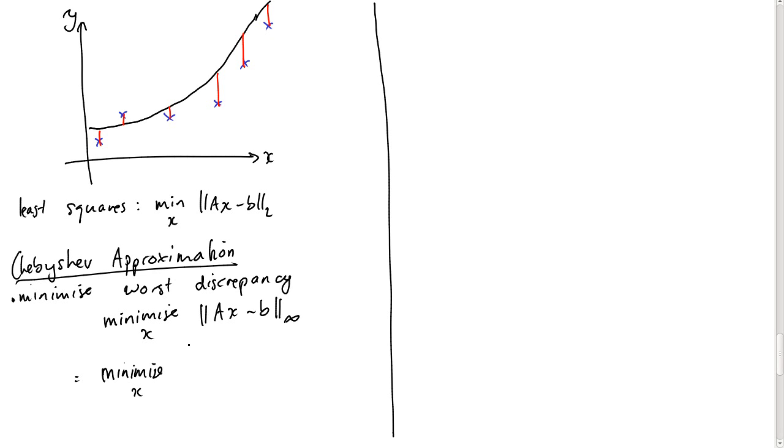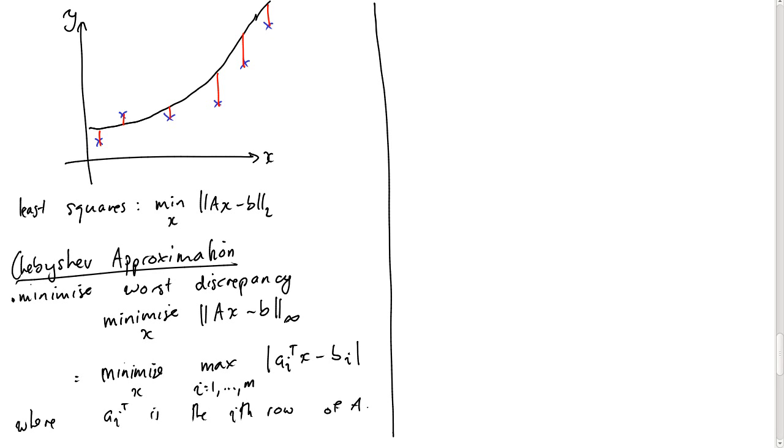So it's the minimum over x of the max over the entries of Ax minus b, of ai transpose x minus bi, where ai transpose is the ith row of A. This maximum just finds us the biggest component of the residual, and we're trying to minimize that.